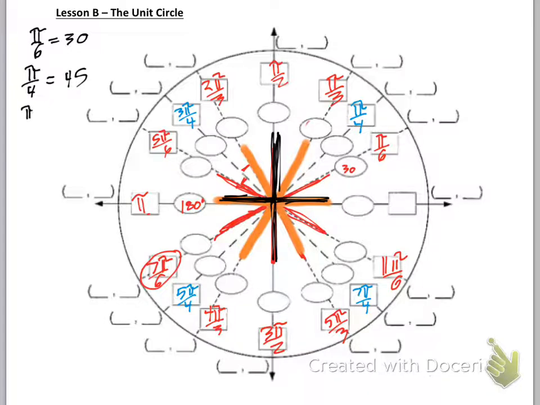And pi over 3 is 60 degrees, because it's 1/3 of the way to pi, and then pi over 2 is 90 degrees. Those are the increments that I counted by, and I just have multiples of them. 5 pi over 6, for instance, right here, is 5 30s. So it's 5 times 30, which is 150 degrees, its equivalent right there. So that's actually a way to go back and forth between them as well.